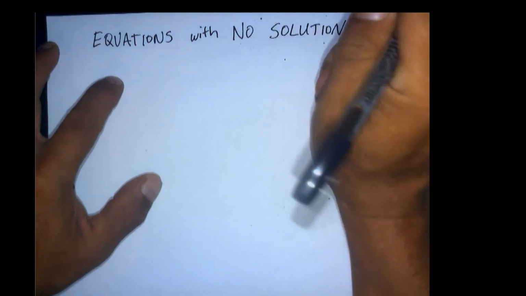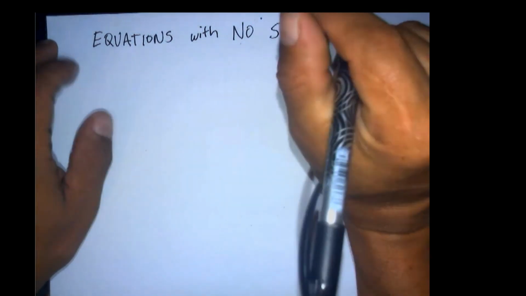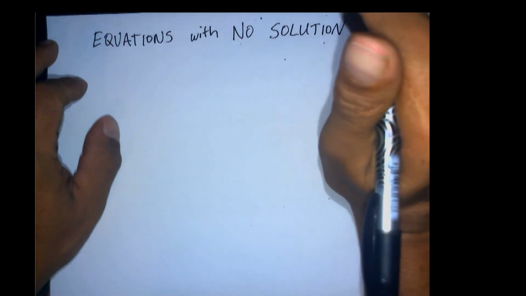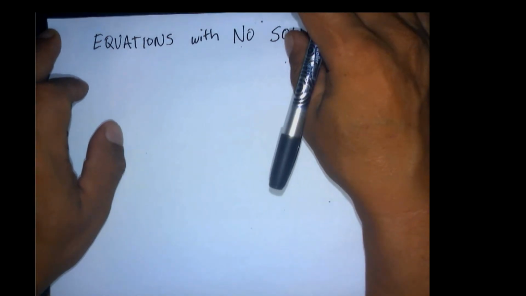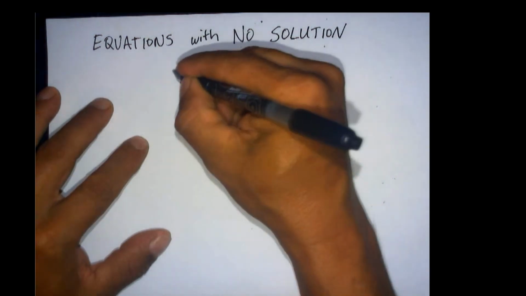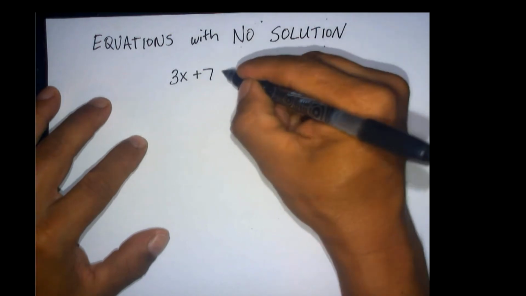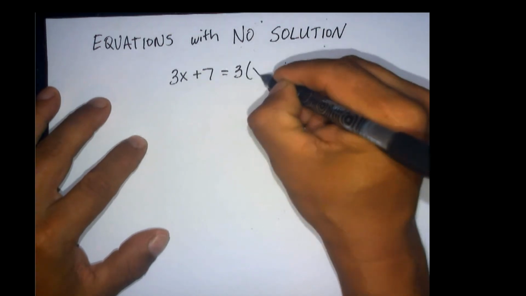As you get higher and higher in math, you're going to find there's a whole lot more of these. But there are actually linear equations with no solution. And here's our example. Let's say we have 3x plus 7 is equal to 3 times x plus 1.